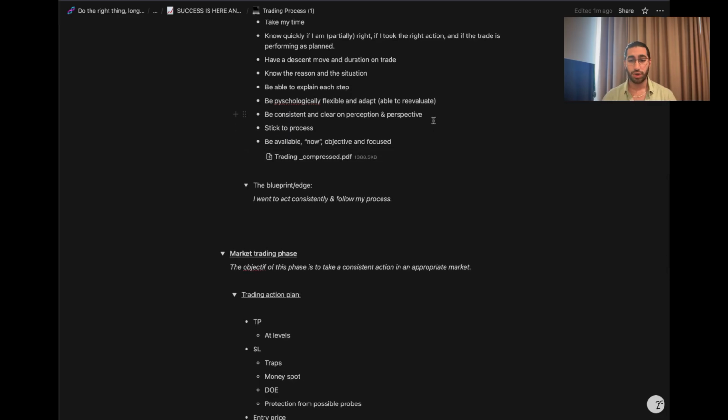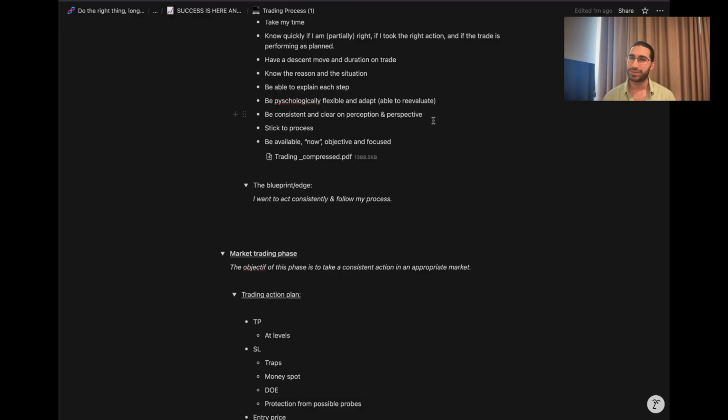Okay, know quickly if I am partially right, if I took the right action, and if the trade is performing as planned. So basically when you take the trade, I used to trade intraday. Today I trade swing, right? But when you trade intraday or swing or you invest, you need to know how right are you.